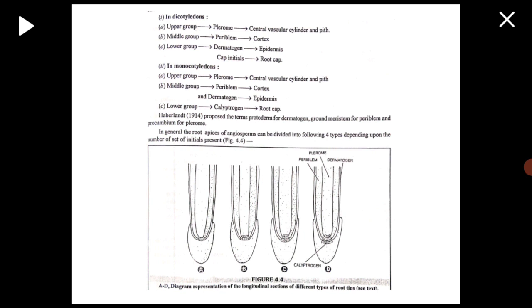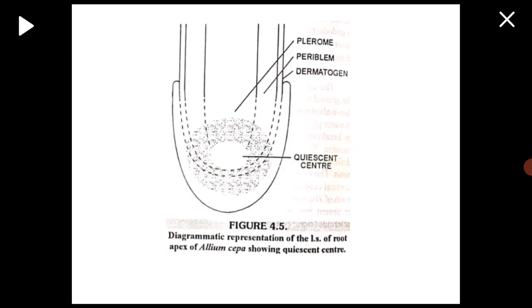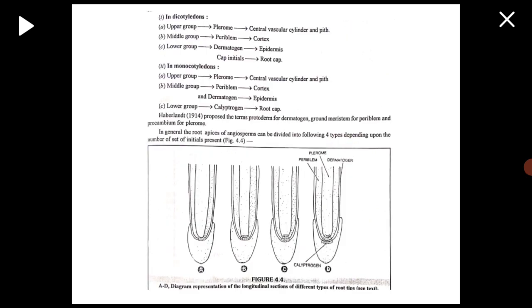The lower group, termed the calyptrogen, produces the root cap. Haberlandt in 1914 proposed the terms protoderm for dermatogen, ground meristem for periblem, and procambium for plerome.